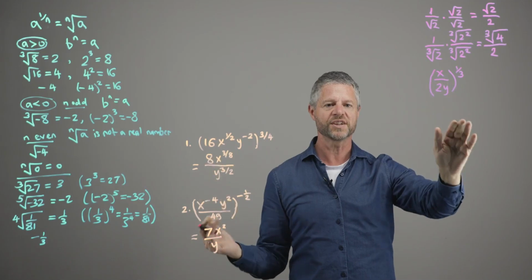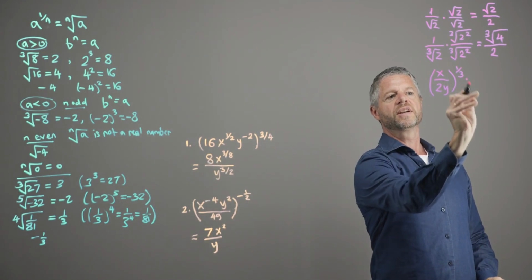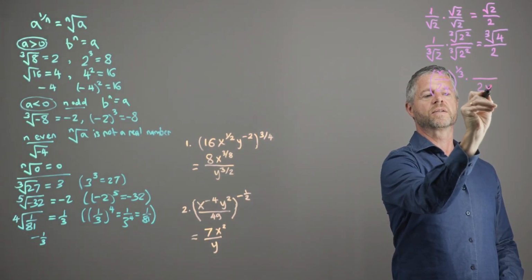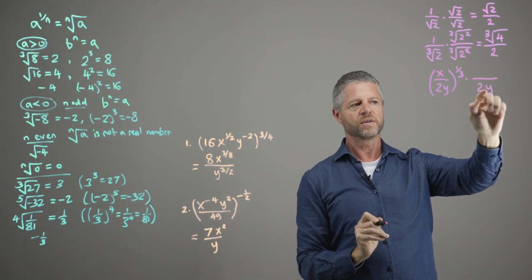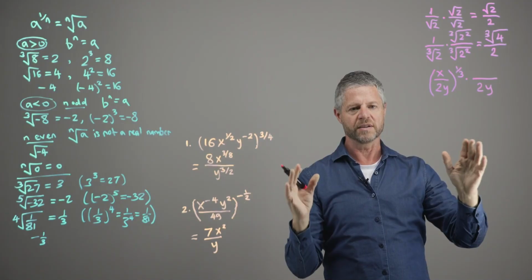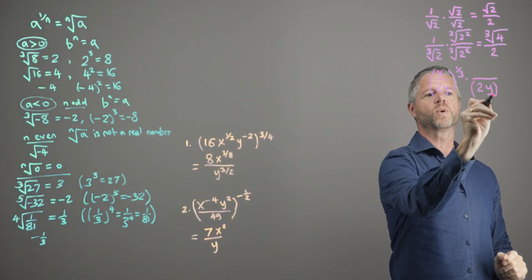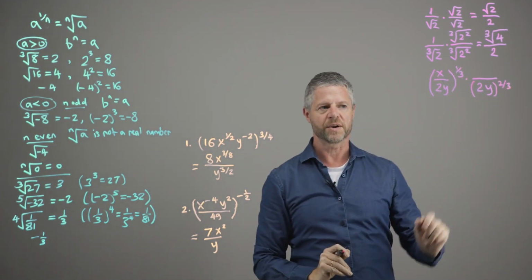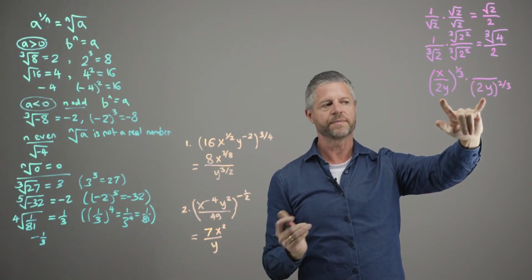So if we want to rationalize the denominator here, what we need to do is multiply by 2y. If we've got the 1/3 power, to get that up to a power of 1, we would need to have 2y to the 2/3 power. Because now these two multiplied together would just give us 2y.